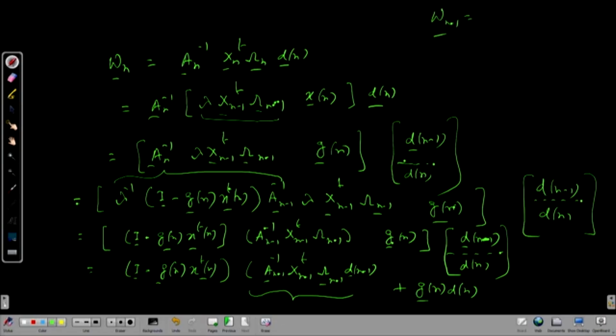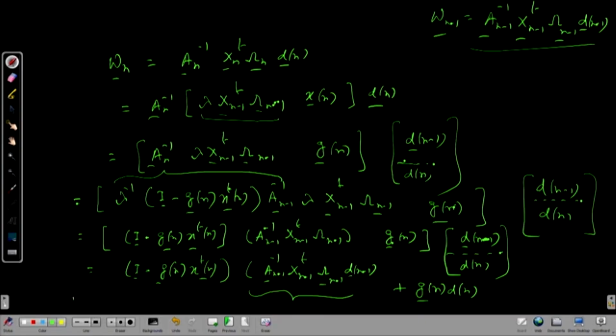If you are at the n minus 1th clock, everything will become just a function of n minus 1. And now, see, this is what I have here, A n minus 1 inverse, x n minus 1 transpose, lambda, n minus 1, d n minus 1. So, this is nothing but W n minus 1.